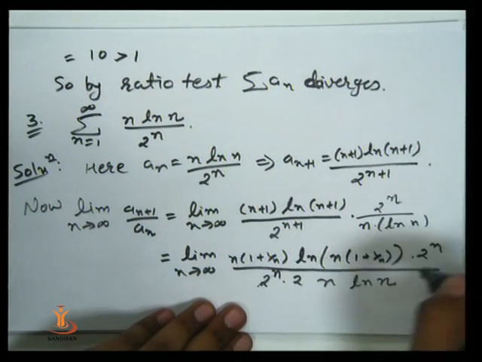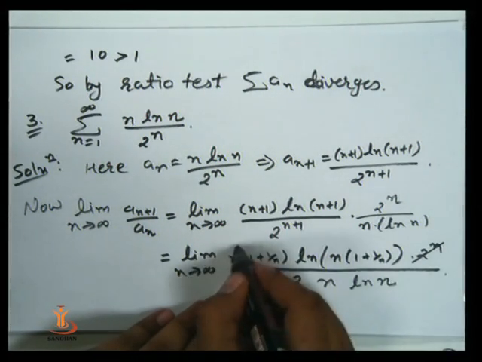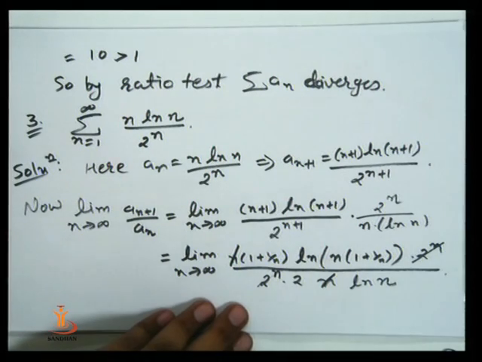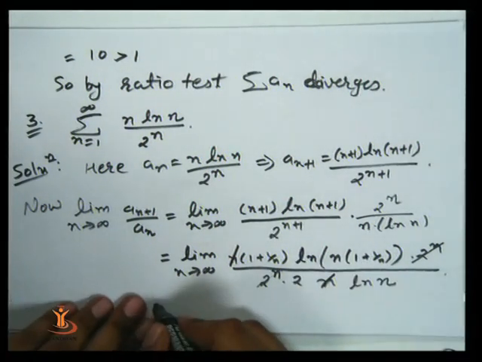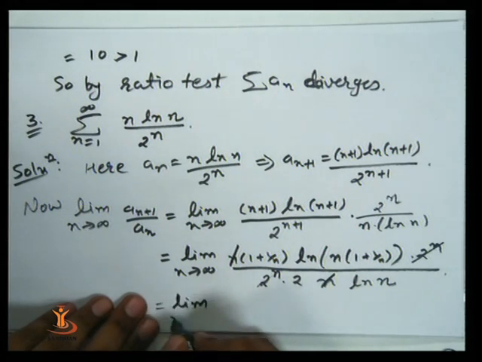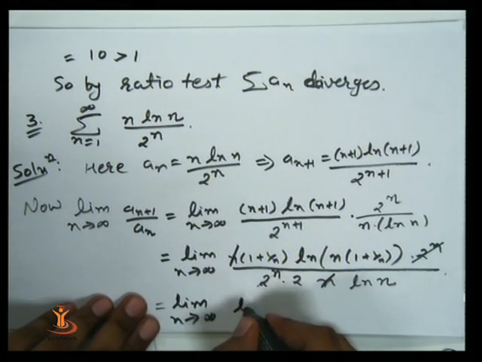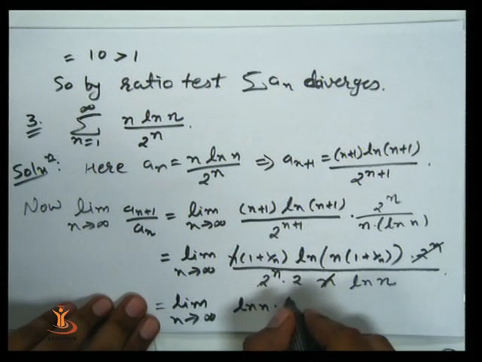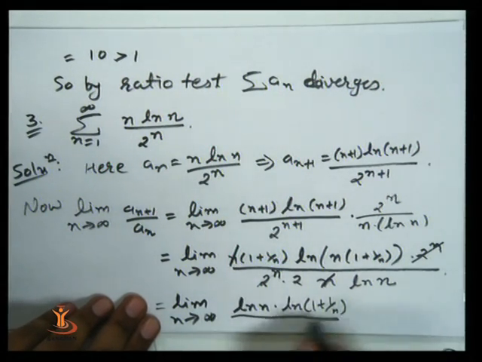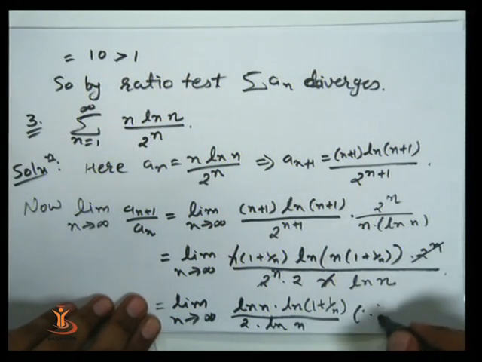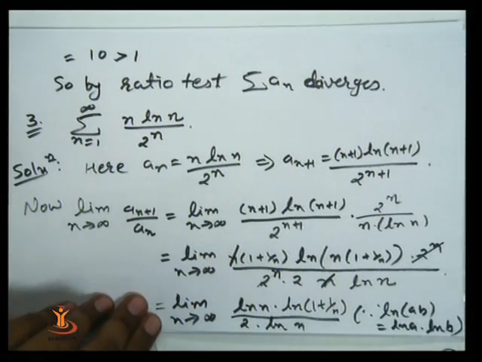Now 2 raised to n cancels out, n will be cancelled out. Now here we have ln of n times (1 plus 1 upon n), and that term will be ln n plus ln(1 plus 1 upon n) divided by 2 into ln n, because we know the result that ln of a into b is nothing but ln a plus ln b.